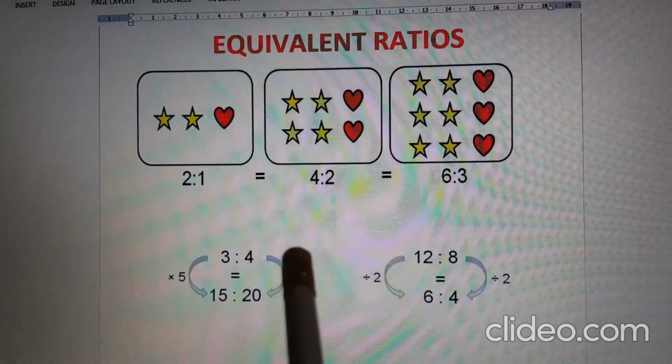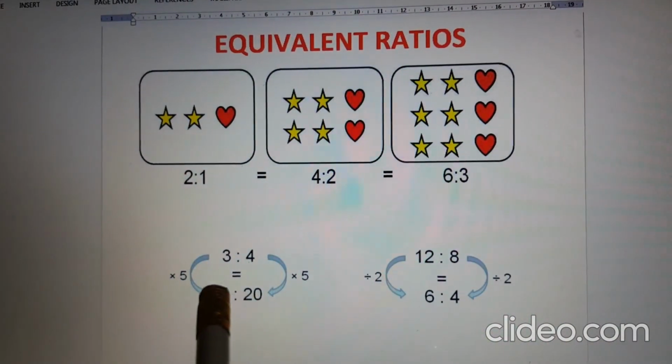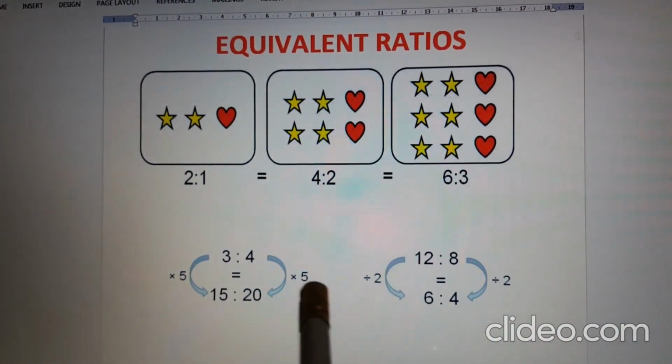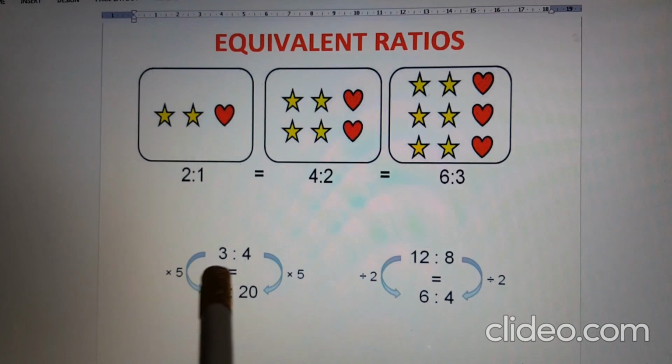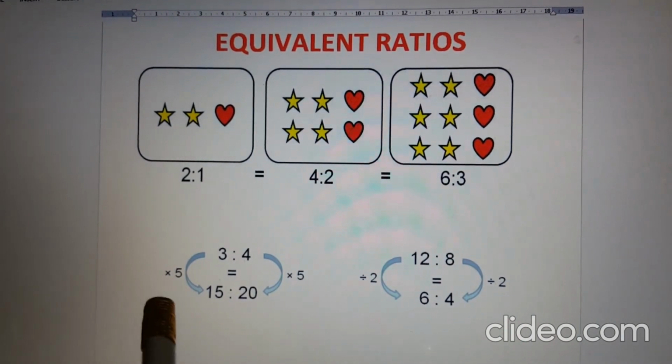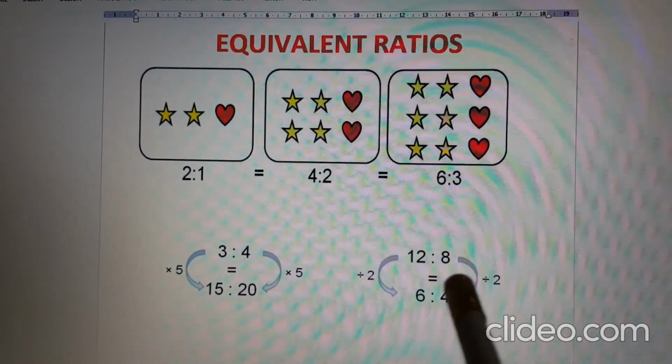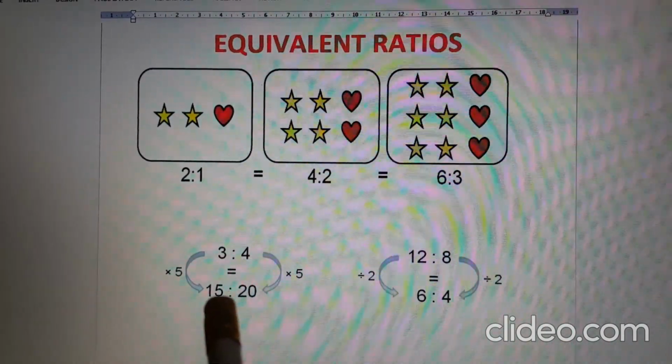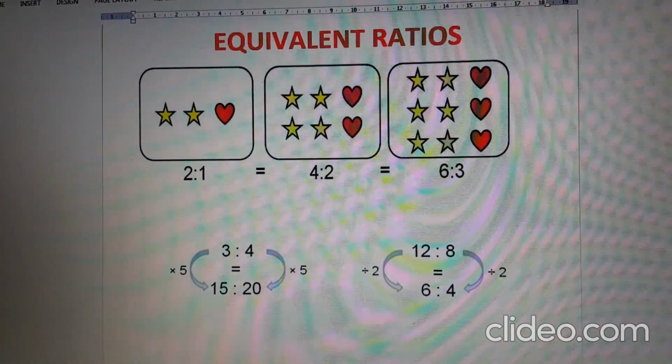We can find equivalent ratios by multiplying or dividing both the terms of the ratio by the same number.